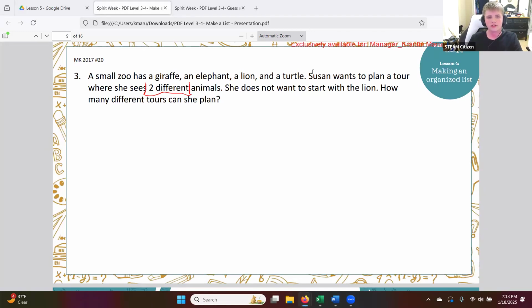So for instance, if she wanted to see three different animals, there's different stuff you can do, but the keyword here is two different animals. So that means that you're going to multiply two numbers, the initial number right here, which is 4, and the second number, which is 3. Now, if there were more numbers, which I don't think you'll ever see, you could do some other stuff. But the key one here, two different.